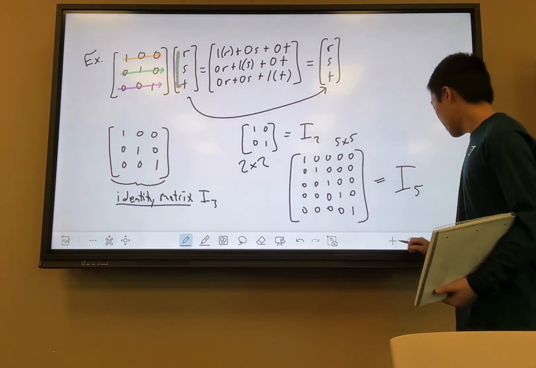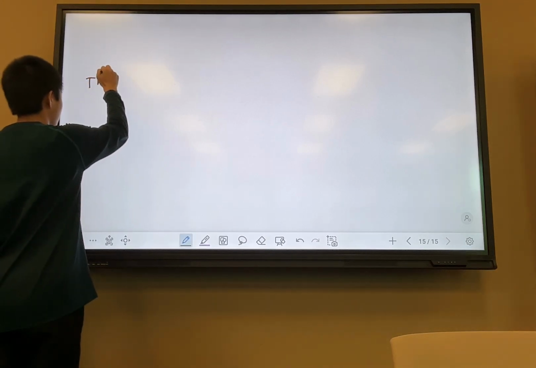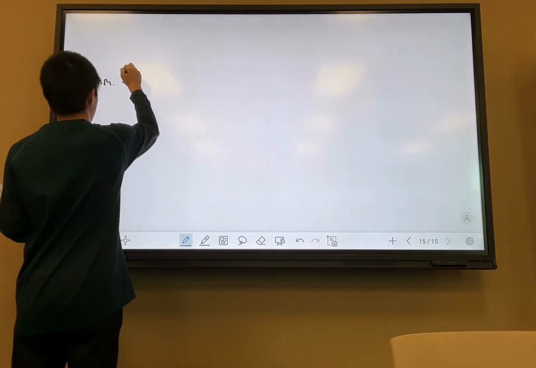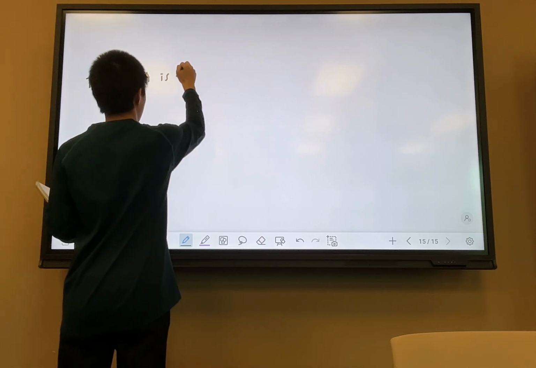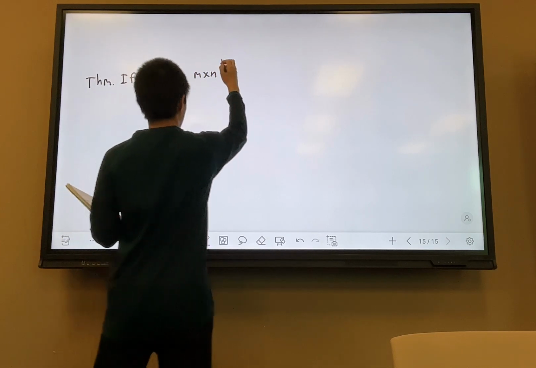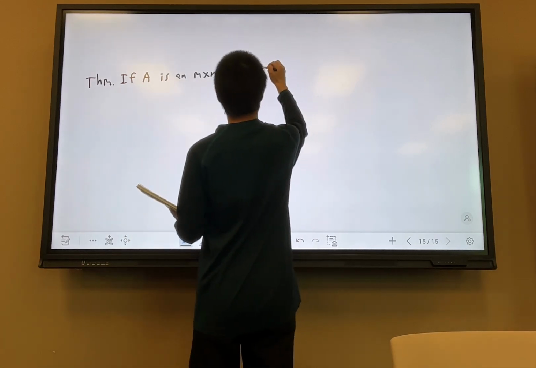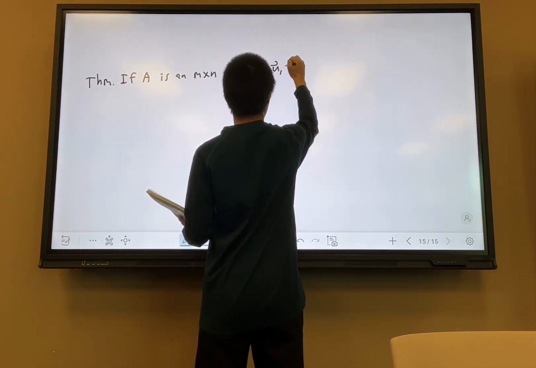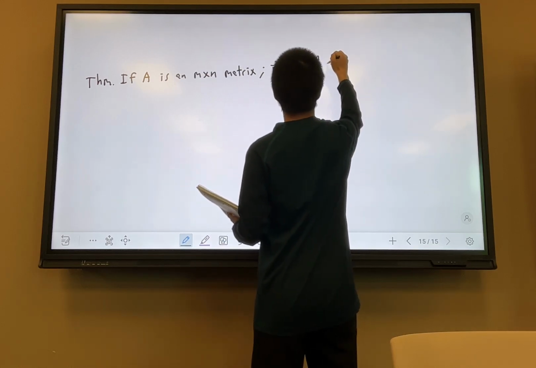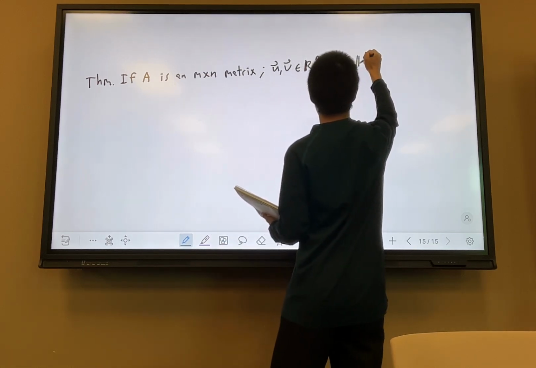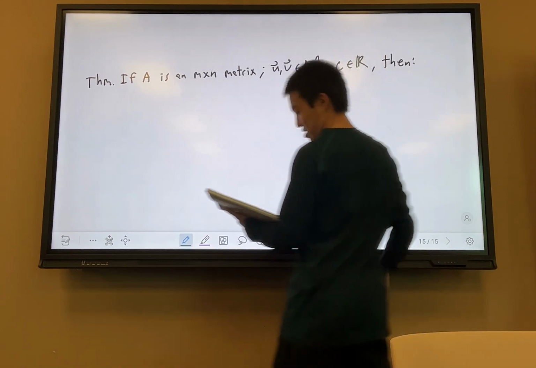And then lastly, just a little algebra rule so that you know what you're allowed to do with this. If A is an m by n matrix, and we have two vectors u and v in R^n, and lastly we have some scalar quantity, then we get these algebraic properties.